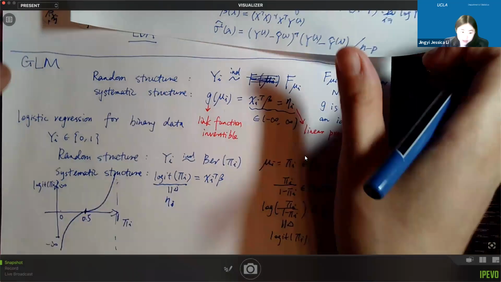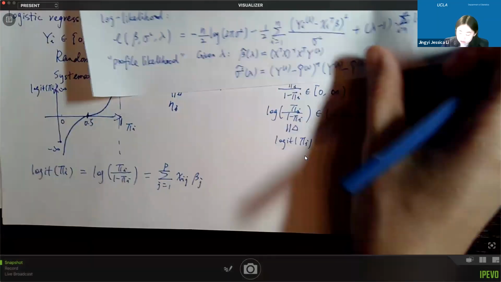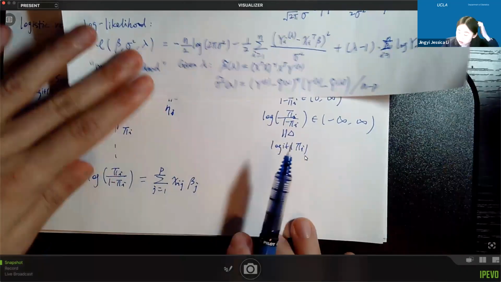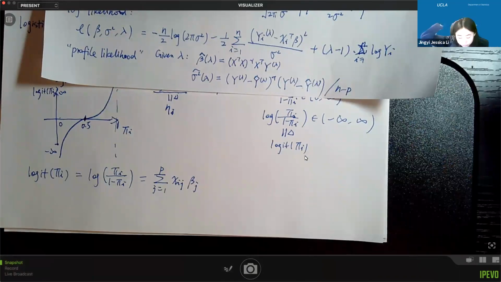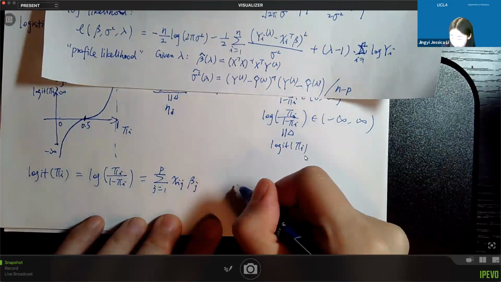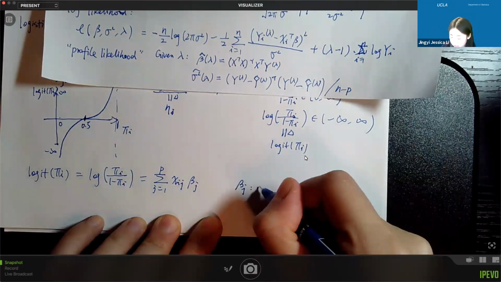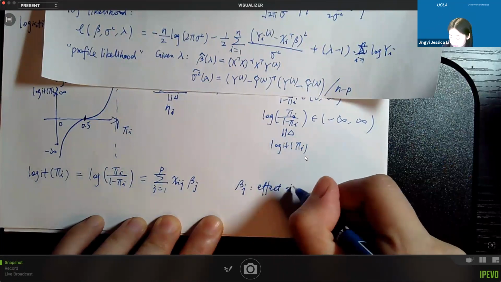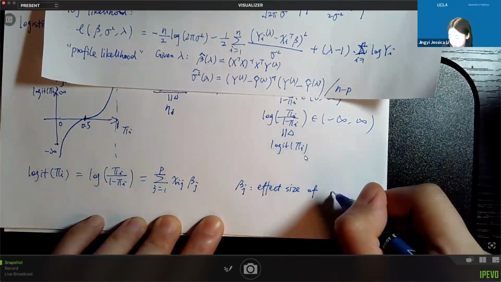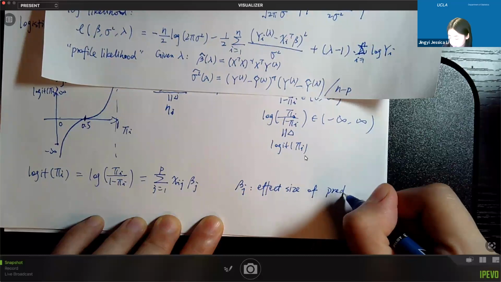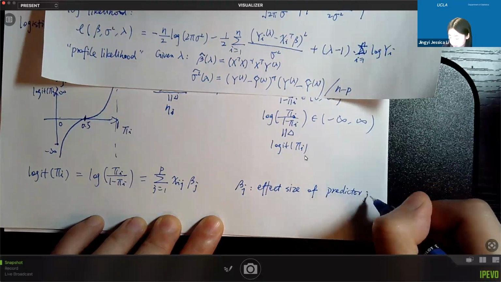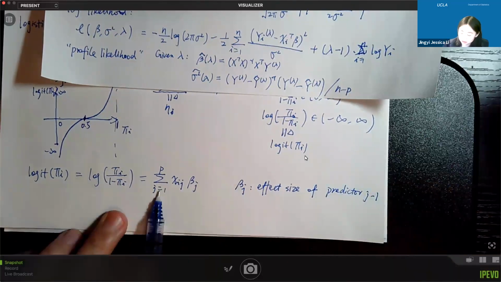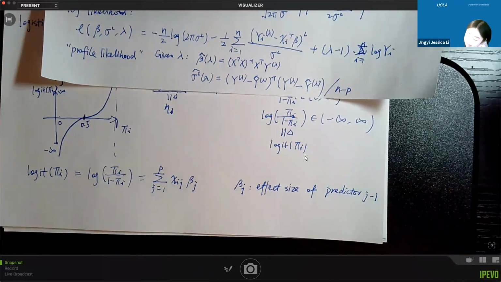So I'm interested in this beta j. Beta j is the effect, people call that effect size, of predictor j minus 1, right? Because the first one is the intercept, we exclude that.